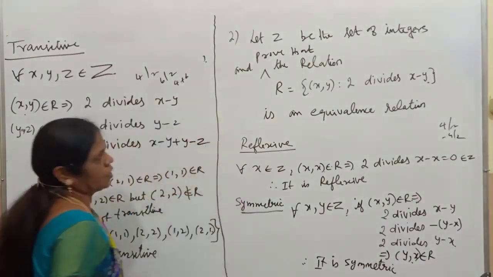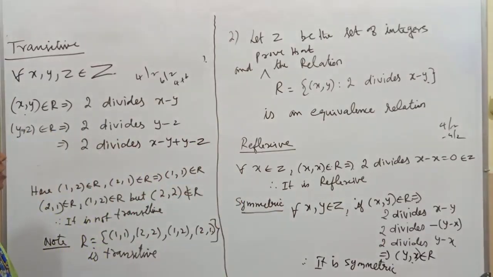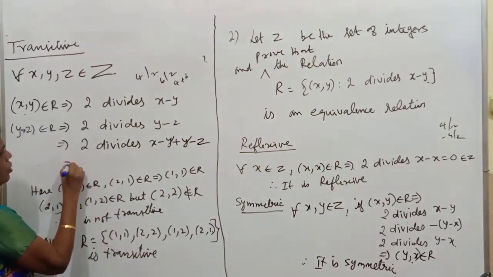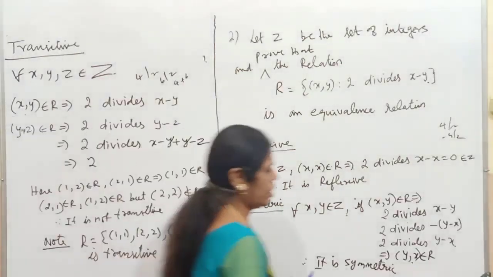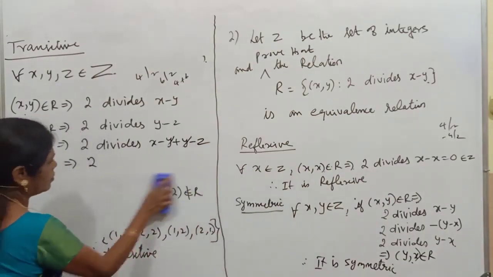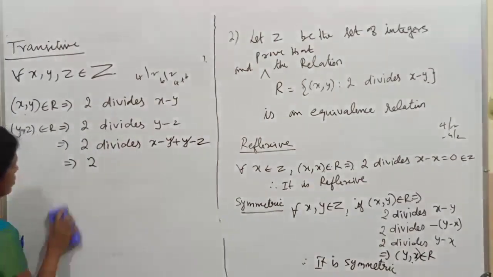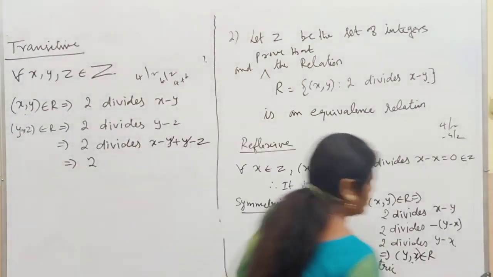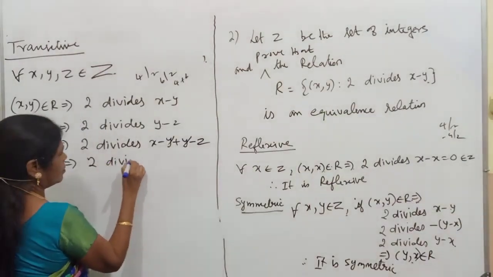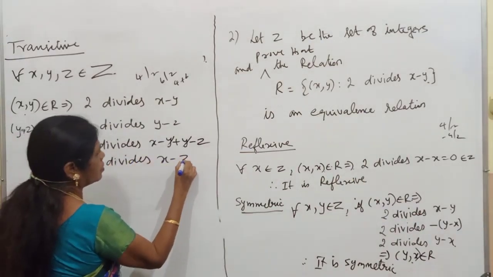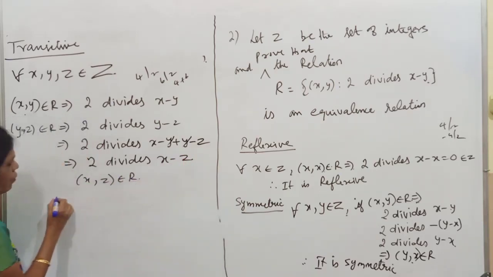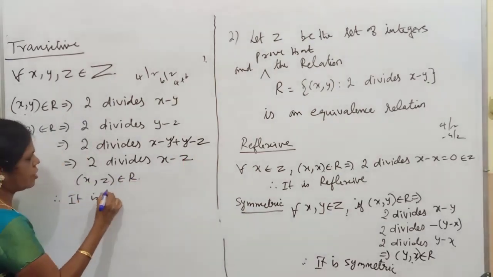If you cancel the y, we get (x, z) belongs to R. Therefore, it is transitive.